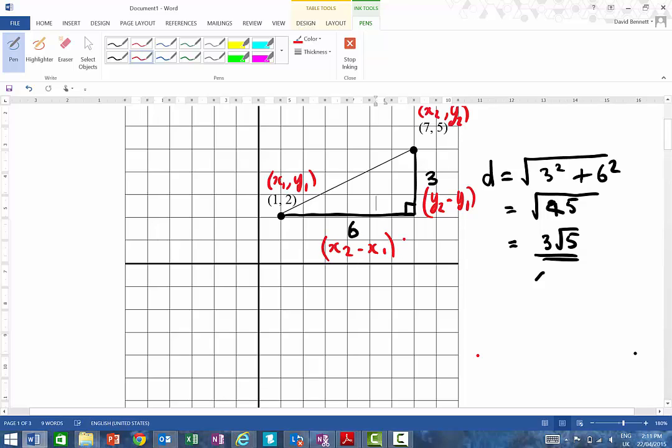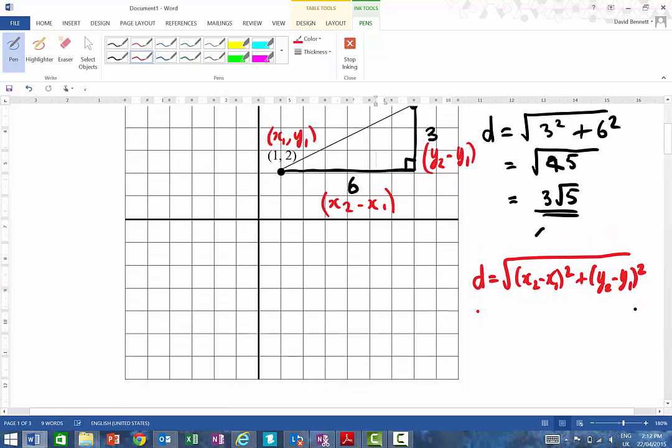So we're just trying to bring up our formula now. And to actually work that out, we did Pythagoras. So what we'd say is d is equal to the square root of x2 take x1 squared plus y2 take y1 squared. And that would actually give us our answer.